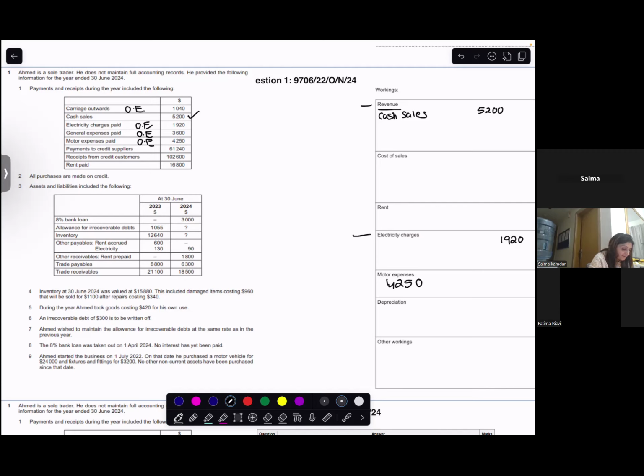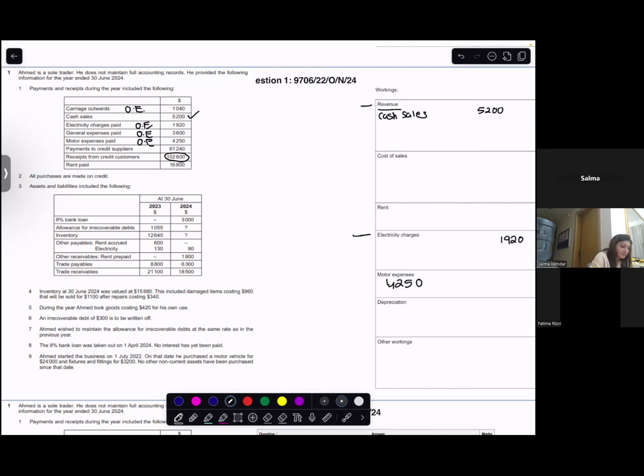I have received the money from credit customers. In income statement, one thing is standard. Sales are two types. Which two types? Cash and credit. Cash sales you get from the bank account. Credit sales you would get from your SLCA.